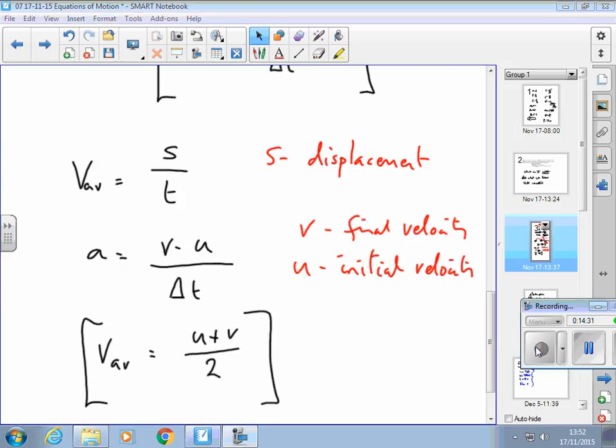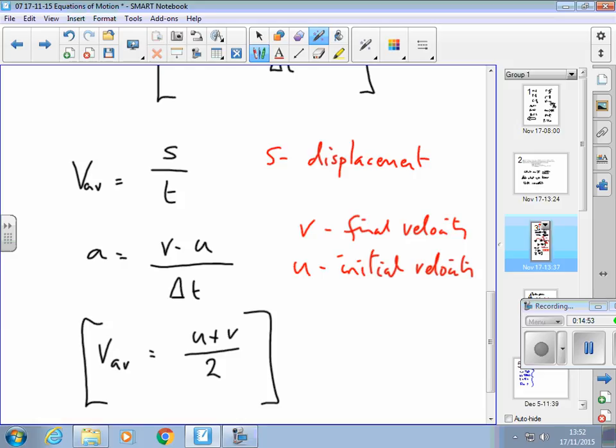Using these three formulae, 1, 2, 3, and algebra, we can come up with three important formulae called the equations of motion. And each one is useful in a particular problem, as we'll see. I'm going to give you the formulae. You might recognize them as you see them.